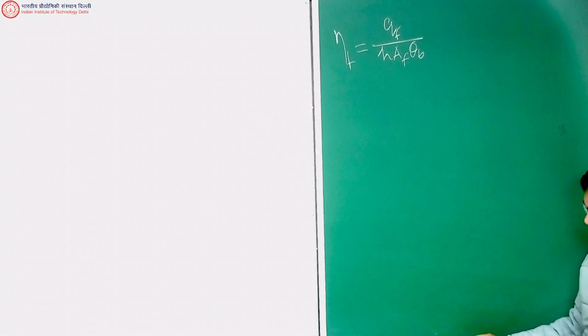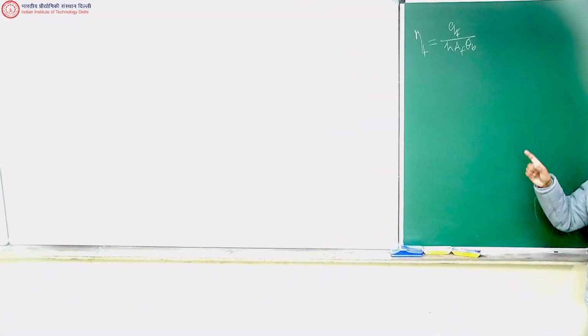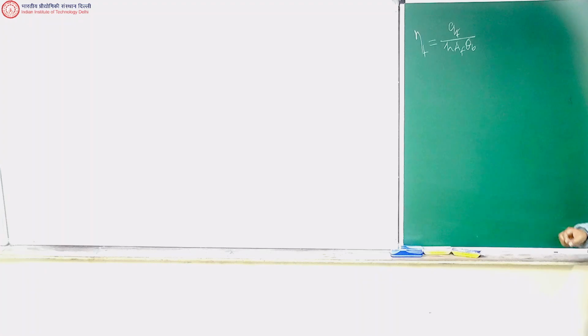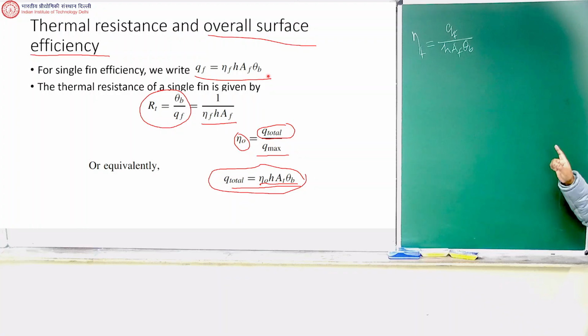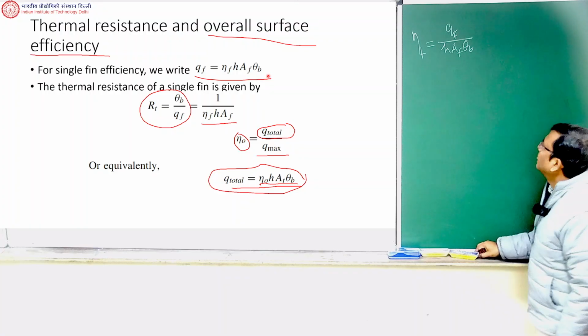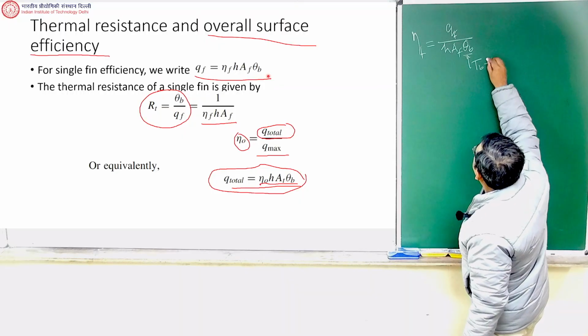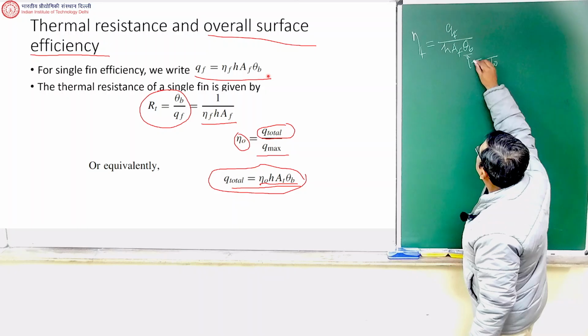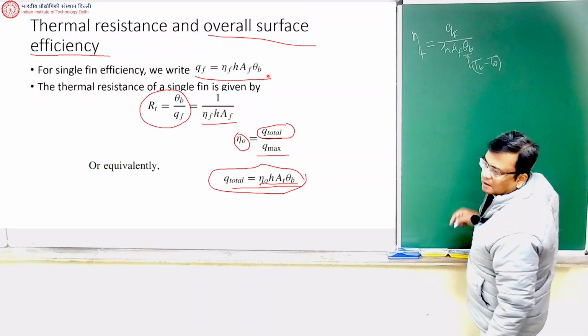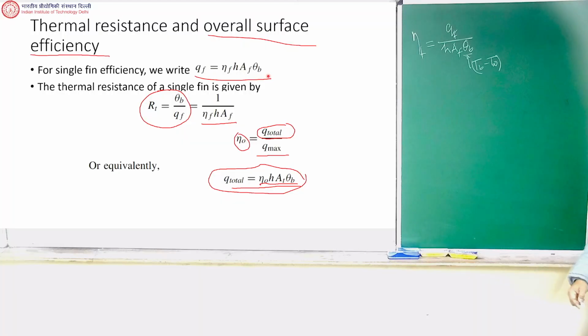What is theta B? For the entire fin, so for efficiency, you have HAF theta B in the denominator. So theta B is TB minus T infinity. And that is understandable, correct?